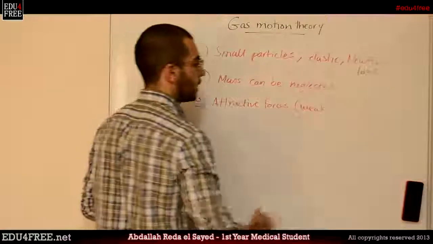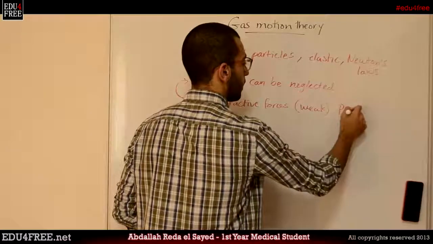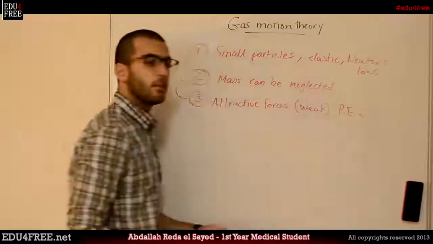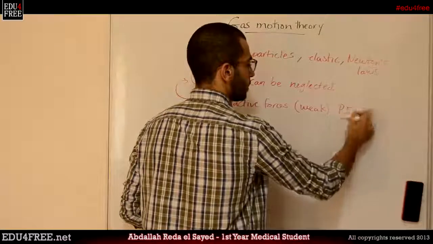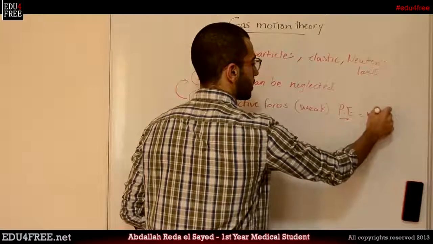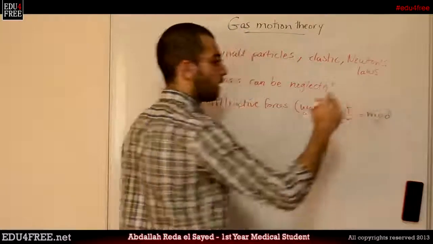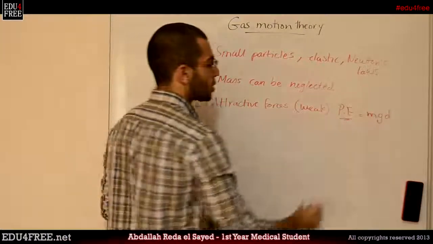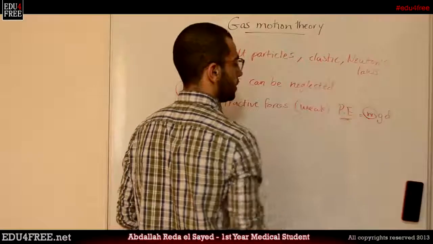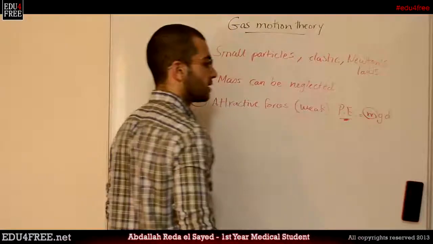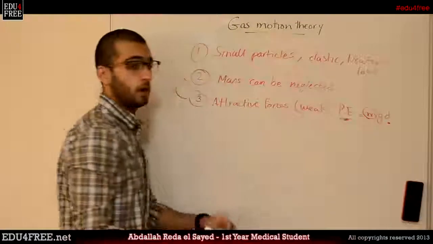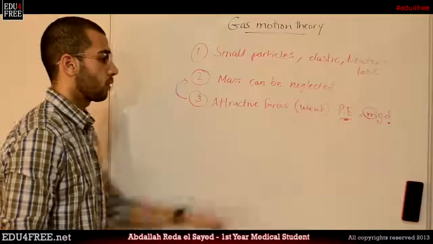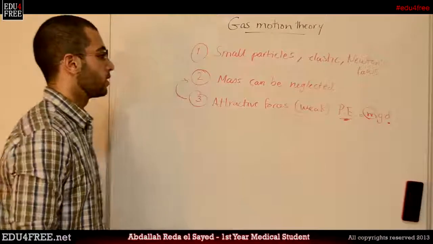So accordingly, the potential energy of the particles can be calculated as 0, because the potential energy equals the mass multiplied by gravity multiplied by the distance. So if the mass can be neglected, the total here will be 0. And the mean distances between the particles cannot depend on the mass anymore, or the potential energy.